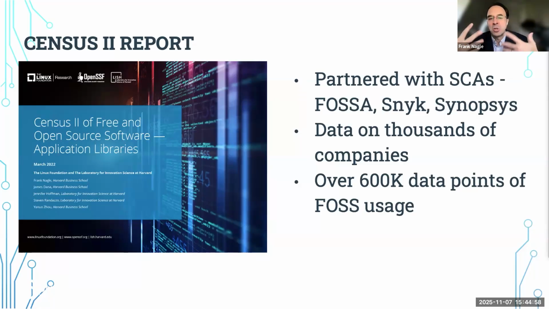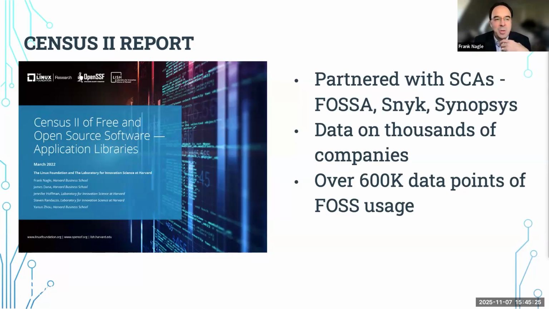Mostly it's to make sure they're not violating open source licenses or any other types of licenses. However, as a byproduct of that, for the first census, or the second census here, we only worked with 3 companies, and we managed to get data on thousands of companies, and over 600,000 data points of open source usage. And so now we've at least partially solved for Q.